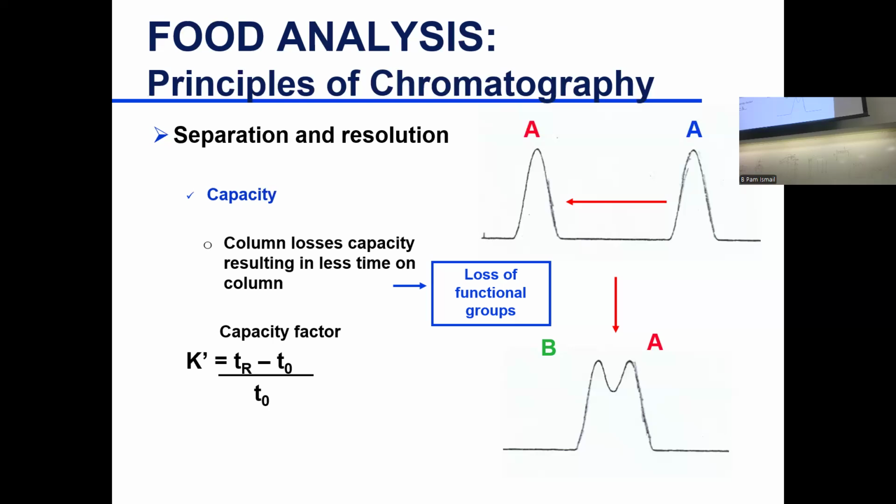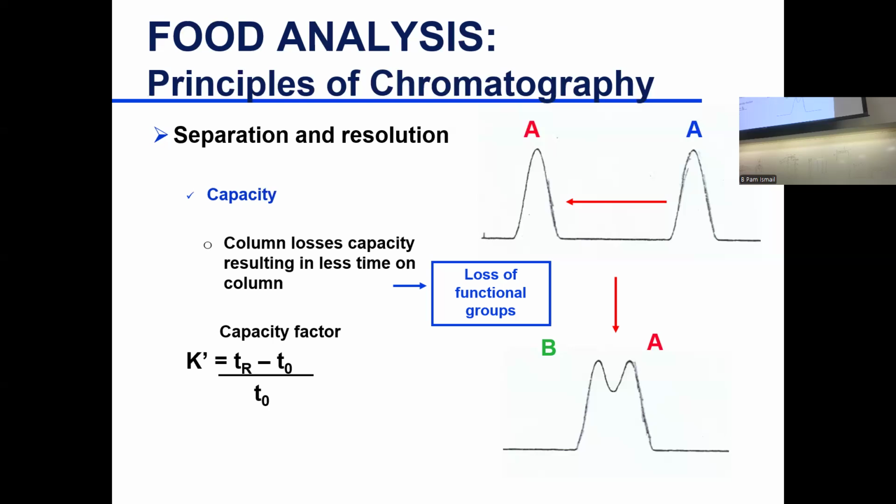So this is where sometimes you can fix it. Sometimes you say, okay, I'm going to throw away my column and get new media or buy a new column. So when you lose functional groups, you have less interaction with the column. Remember, chromatography is about first interacting with your stationary phase. If you lose interaction with the stationary phase, they will come out quicker.